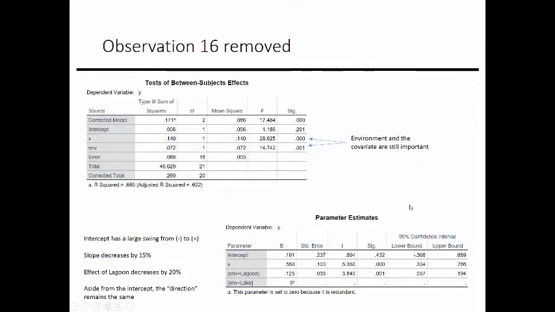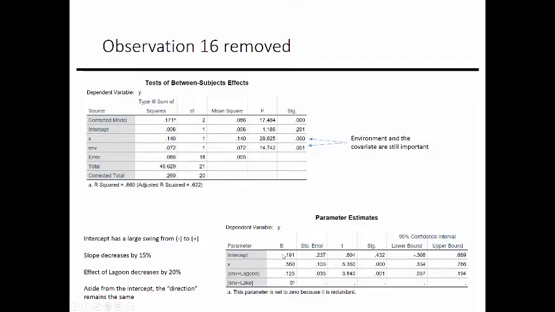When I do that, what I see is that environment still stays significant. My value, or X, the covariate, still stays important, so that all works. But what I want to look at are my parameter estimates. I see the intercept is much bigger. It's 3 times in magnitude than it was before, and it's also positive.